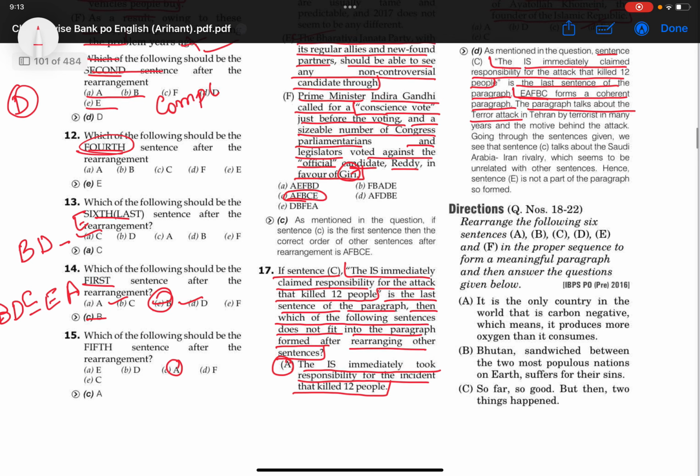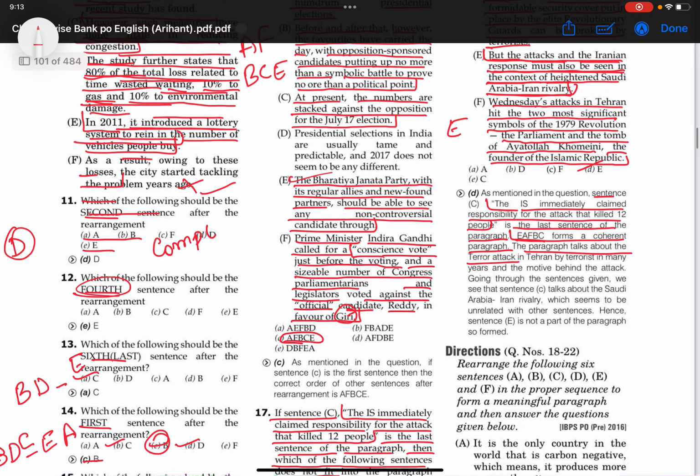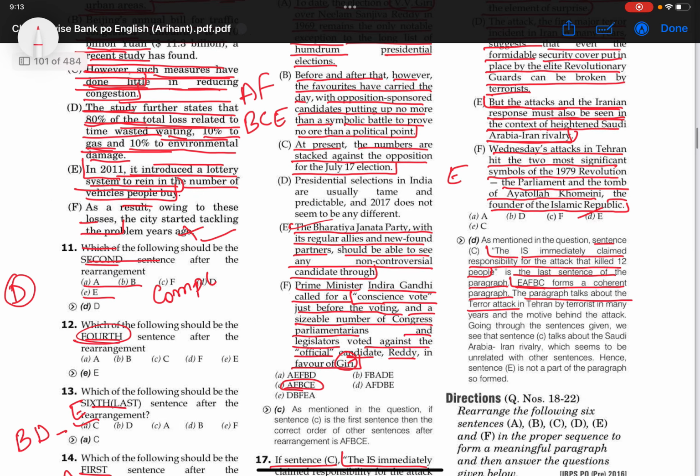ये आंसर हो जाएगा। इसके बाद the IS immediately took responsibility for the incident that killed 12 people. फिर तुम्हारा आ जाएगा F. Wednesday's attack in Tehran hit the two most significant symbols of the 1979 revolution, the parliament and the tomb of Ayatollah Khomeini, the founder of the Islamic Republic.